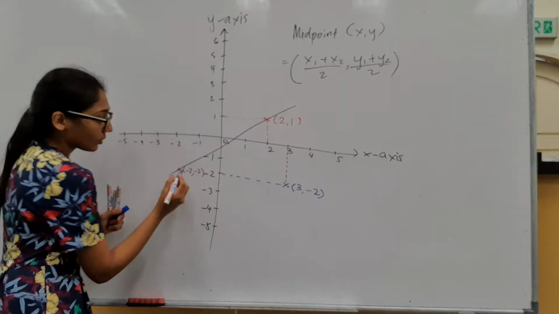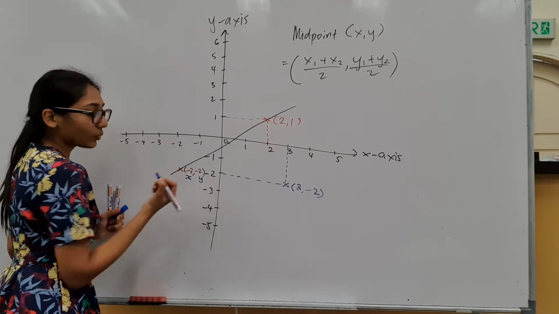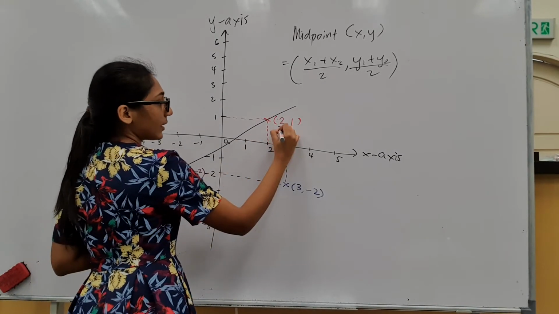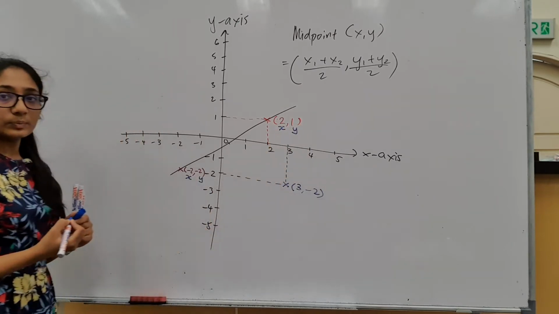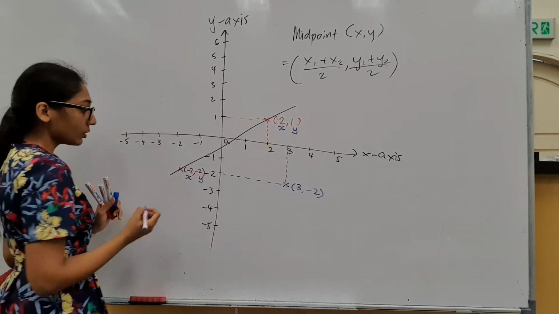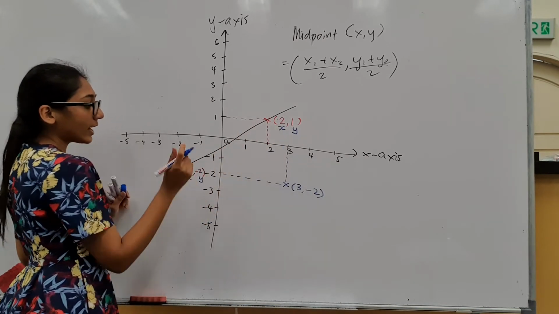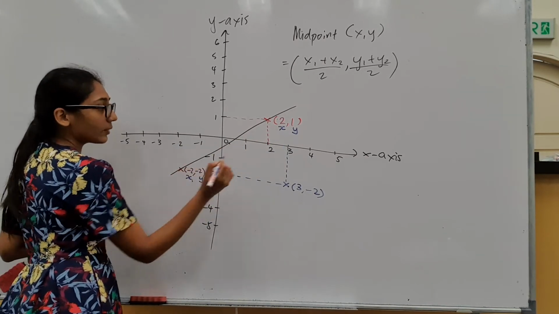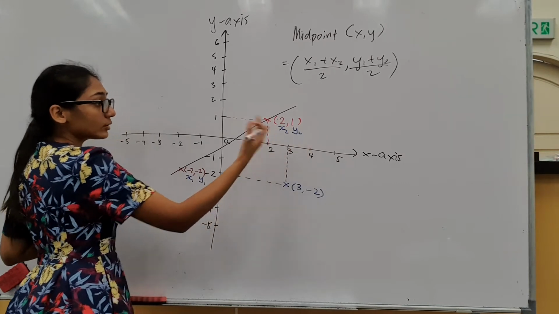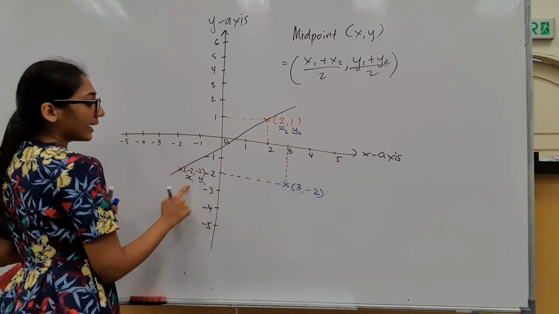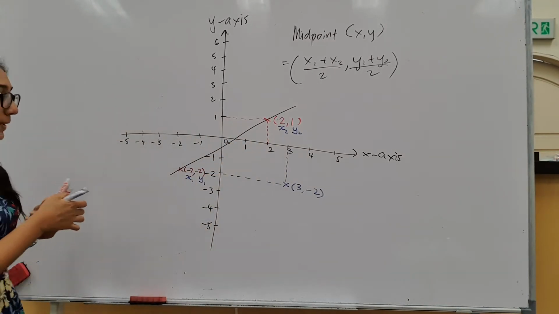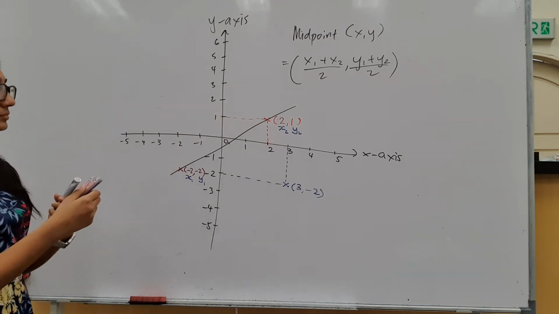Now this is one x value, this is one y value. This is another x value, this is another y value. So I choose, maybe this is x1, y1, x2, y2. It can also be the other way around. So I just plug the numbers into the formula.